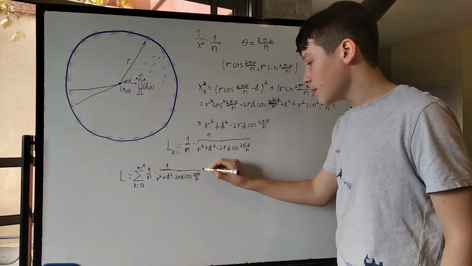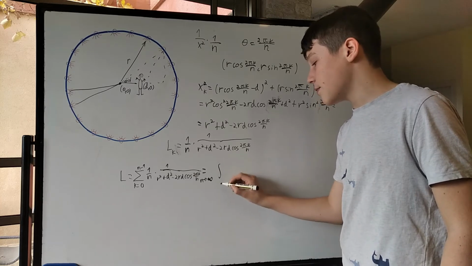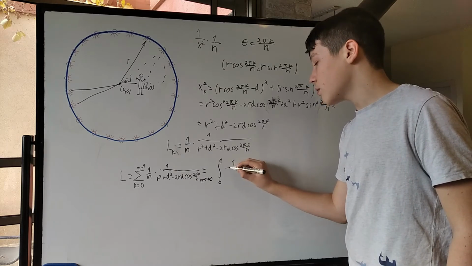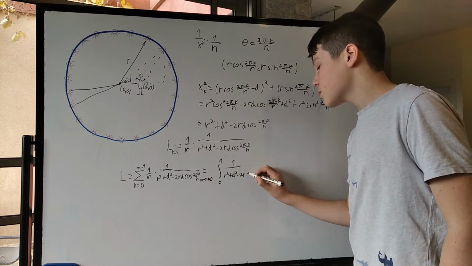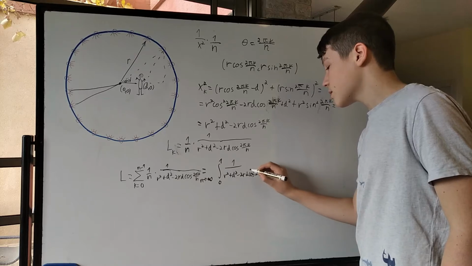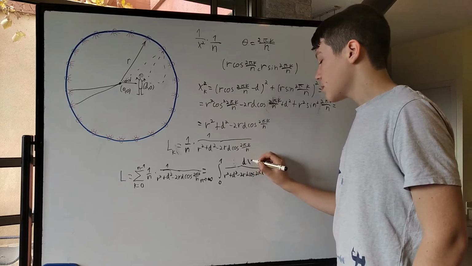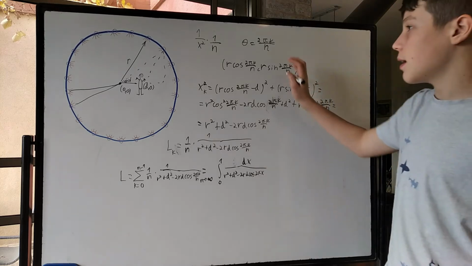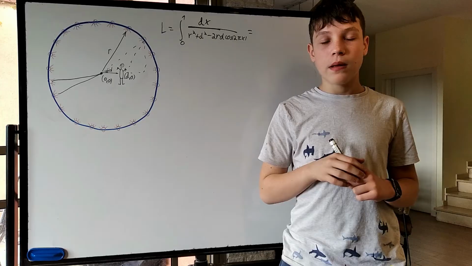So as n goes to infinity, by definition, this is the integral from 0 to 1 of 1 over r squared plus d squared minus 2rd cosine 2 pi x, dx. Okay, now let's clear this and we'll figure this integral out.